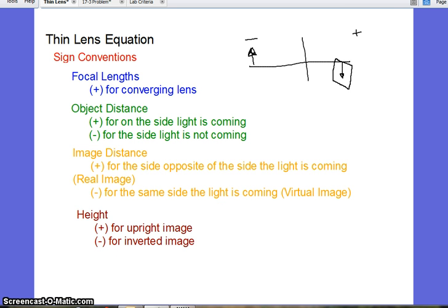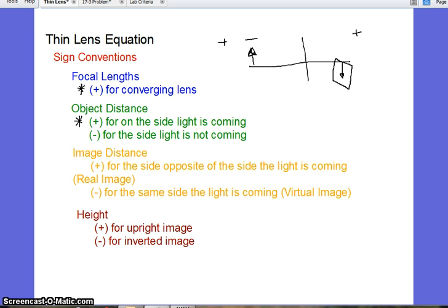So again, we can use the thin lens equation to solve for where this image is located, how far it is located from the lens itself. It's more precise and accurate, and we have to be careful about our signs. For the most part, we'll have positive focal lengths because we'll be using converging lenses. We'll pretty much have positive object distances because we'll have all our objects on this side of the screen.